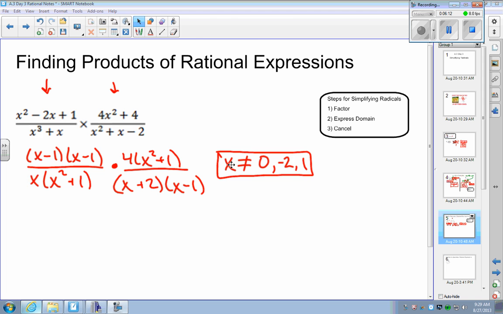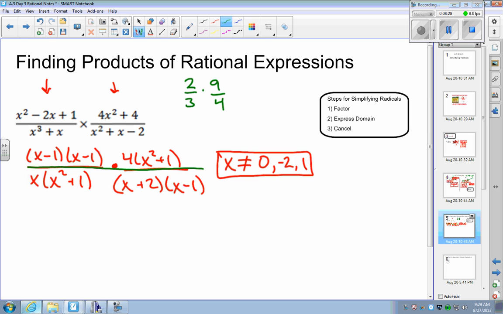So now that it's factored, you've got your domain, you can start canceling stuff out. Now, these things are multiplied together, but remember, it's just like one big multiplication thing. Same idea if you had like 2/3 times 9/4.